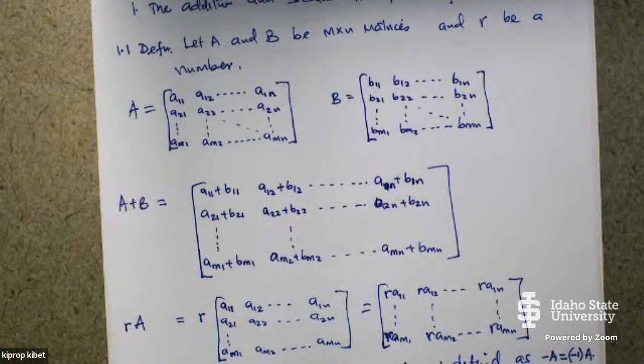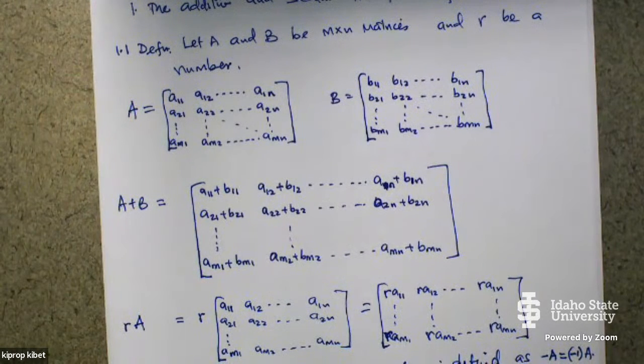It is defined as A minus B, which equals A plus -1 times B. So you can multiply by -1, or you can change B to its negative matrix, and then you add the two matrices.